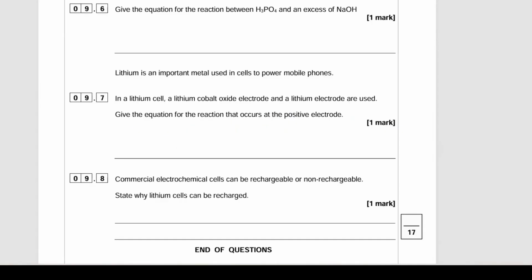Right, now let's move on. We're near the end of the test. 9.6, give the equation. So we've got phosphoric acid. It's going to react with a base, so you've got acid and base. We're going to make sodium phosphate, right? The sodium ions swap places.